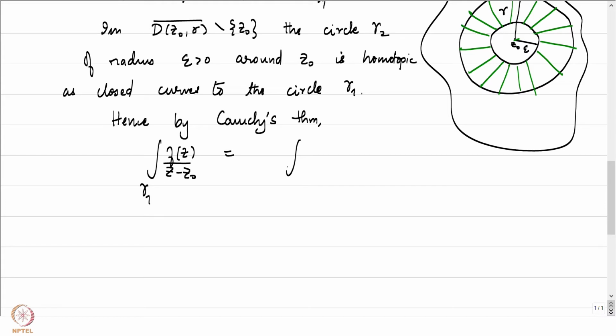This is the same as the integral over gamma 2 of f of z by z minus z naught.